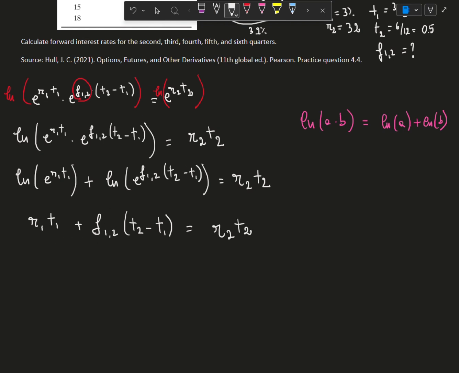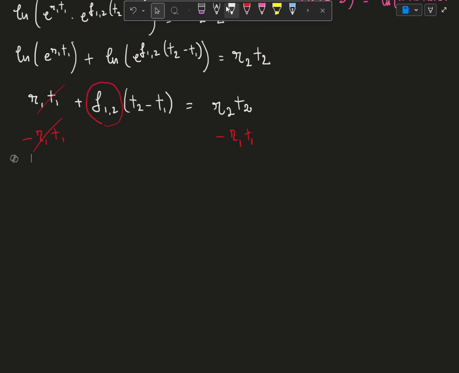Remember, we still need to solve for F12. First, we can subtract R1 T1 from both sides, so these two cancel out, which leaves us with F12 times T2 minus T1 equal to R2 times T2 minus R1 times T1.